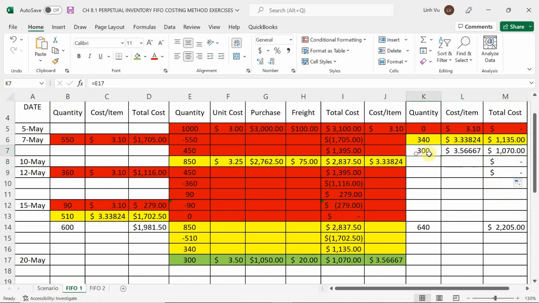Once again, I'm going to call this my green batch. Technically, I purchased 3 batches of inventory, but I only have 2 available to sell. Let's see what's next.